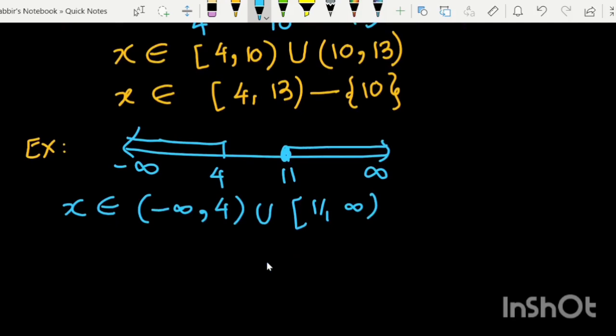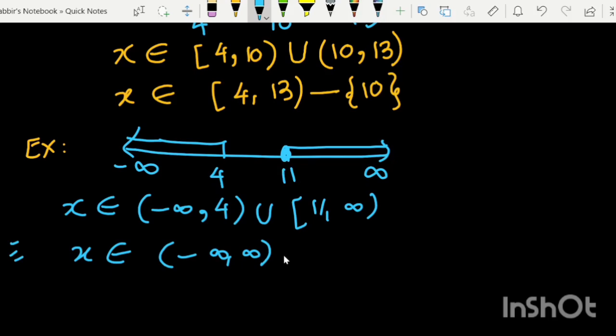So there is one more way of writing it in interval form using minus. We will write minus infinity to plus infinity. We will take the full line. So minus infinity to plus infinity we have taken, but we need to exclude the solutions from 4 to 11 which are not part of the solution.